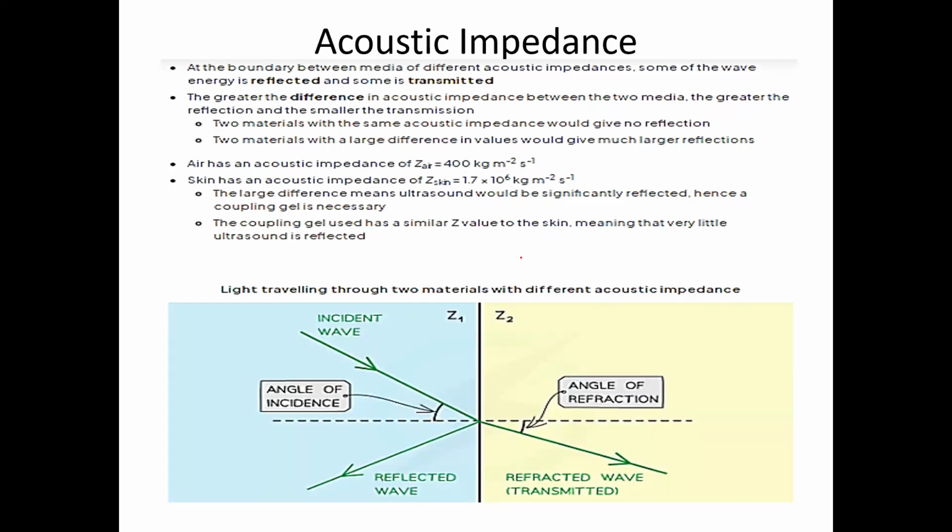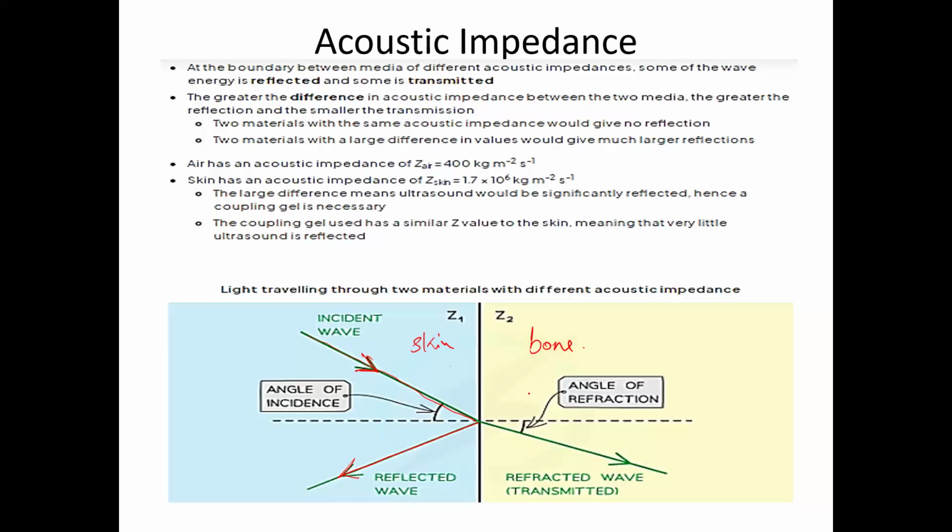For example, if one medium is skin and the other is, let's say, bone or the inner part of the body, what will happen? If some ultrasound is incident on the boundary of the skin, there is a probability that some of it will reflect back. It will not transmit inside the body.